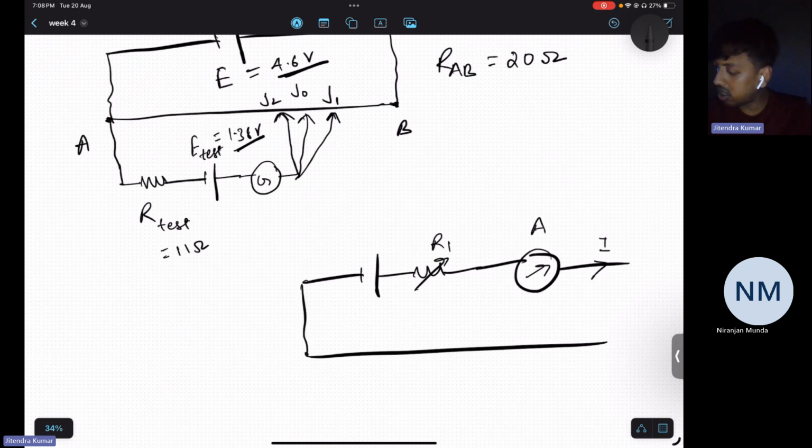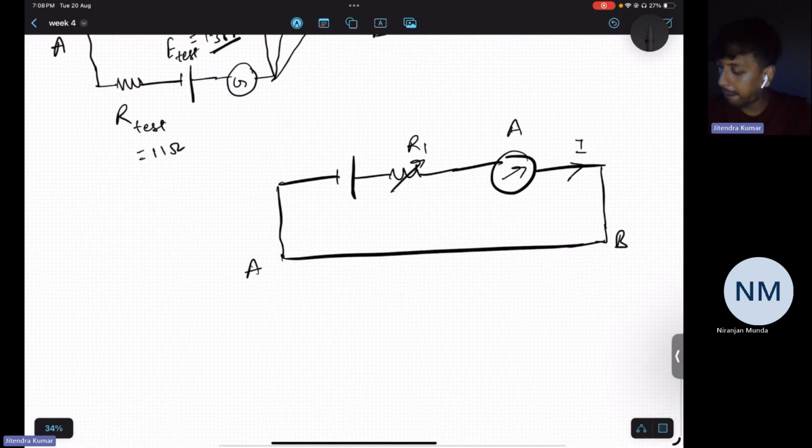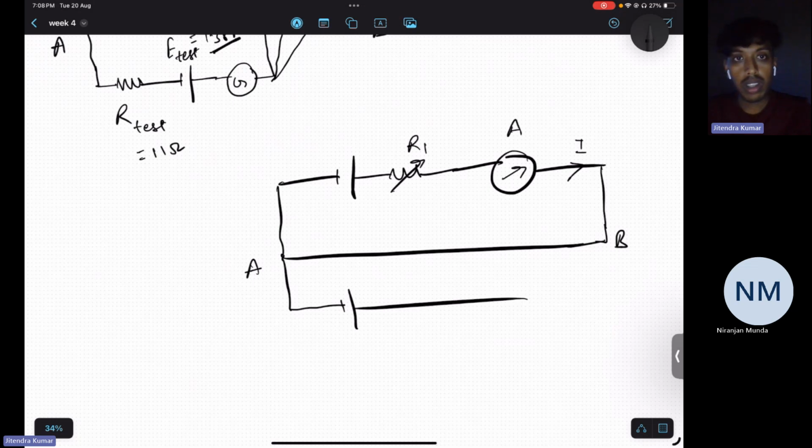This is your wire AB, and the standard was 1.08 volt, as mentioned in the lecture.